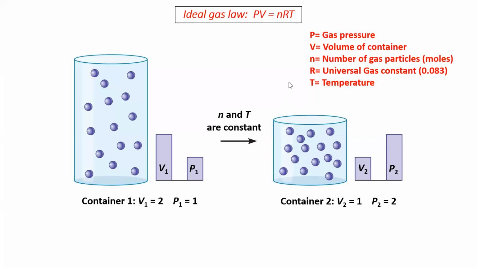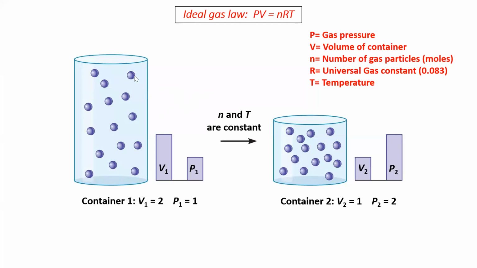So let me say that again. The temperature is constant, the R is also constant. In our physiology, the number of oxygen molecules does change. But for the sake of explaining this schematic example here, the number of gas particles is constant. Okay, I hope that's clear.